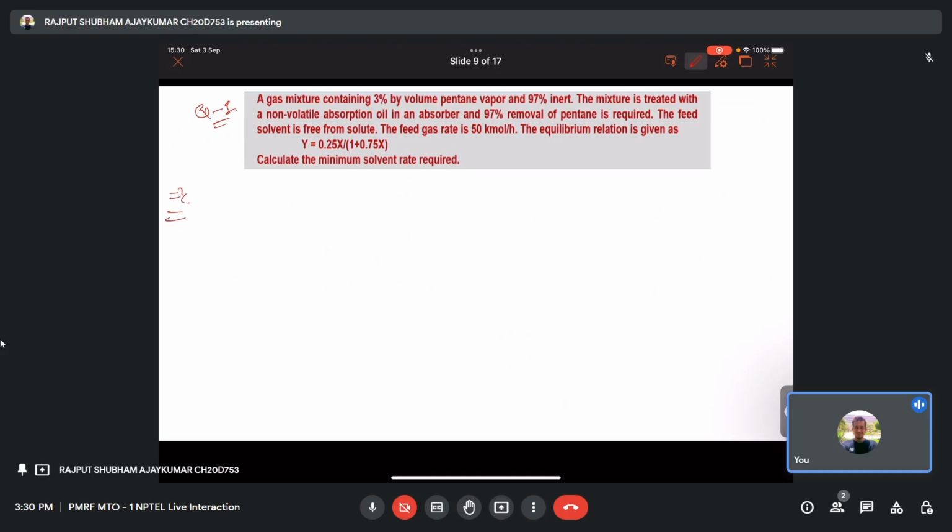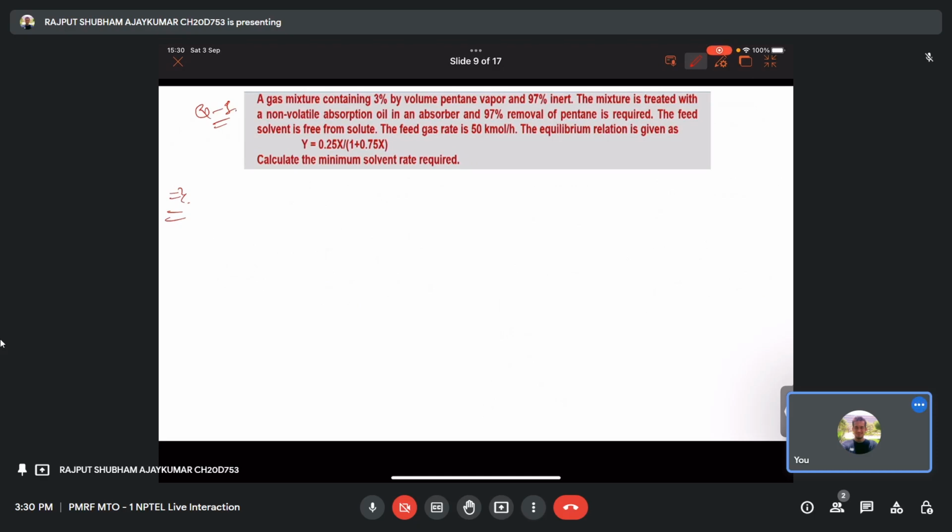The feed solvent is free from the solute and the feed gas rate is 50 kmol per hour. The equilibrium relation is given as y equal to 0.25x divided by 1.75x. Calculate the minimum solvent rate required.